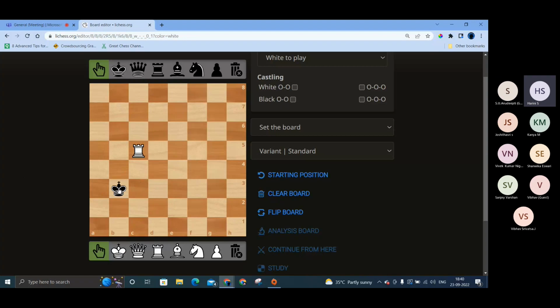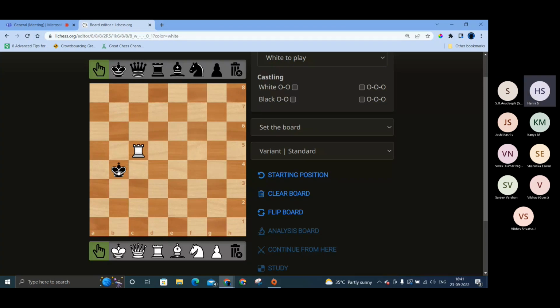Okay, so if this is the position, the rook is controlling here, the rook is also controlling here. Okay, so king cannot move here. So these squares, king will not be able to move, but the king can move here.